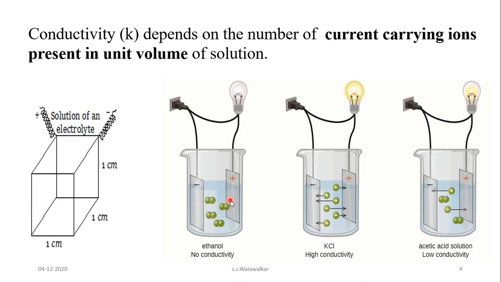As ions are responsible for the current, that is, charge transfer takes place in an electrolyte, and here as there are no ions, no charged particles are present, there is no conductivity.